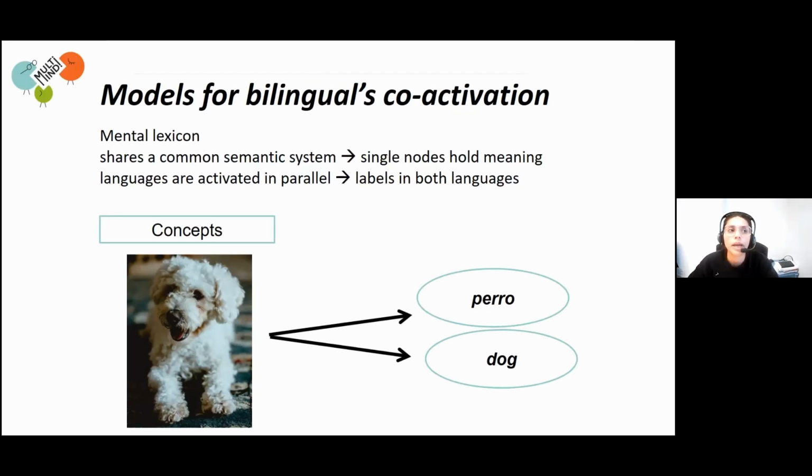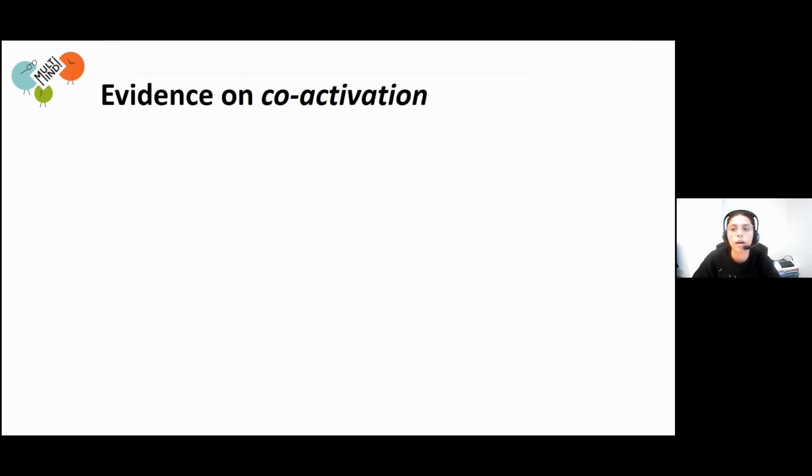There is a vast body of research on co-activation in bilinguals, but for this talk I will talk mainly about a few studies done with toddlers, with bilingual infants, though there is plenty of research done with adults.